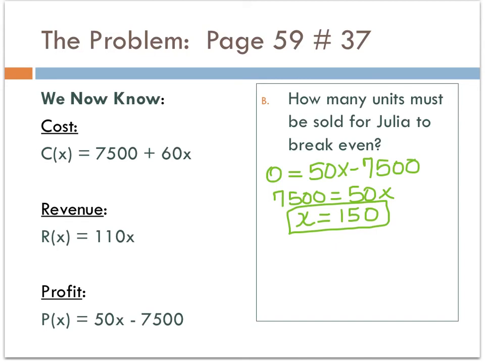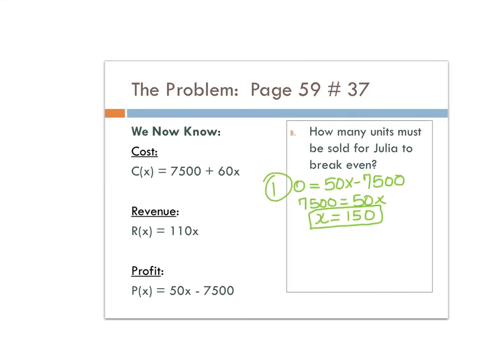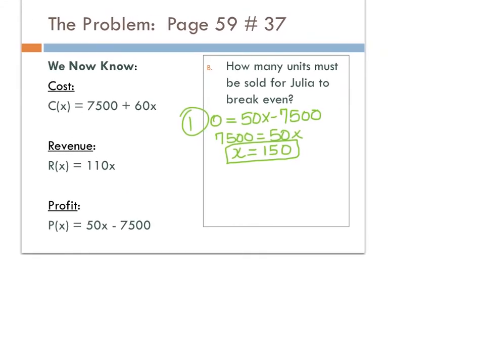The other option to see where we break even is to set the cost function equal to the revenue function and see where those two things are equal. We'll come up with 150 again, but just in case you don't have your profit function written up, if you just have your cost function and your revenue function, you can use those. So let's see what happens when we do that.